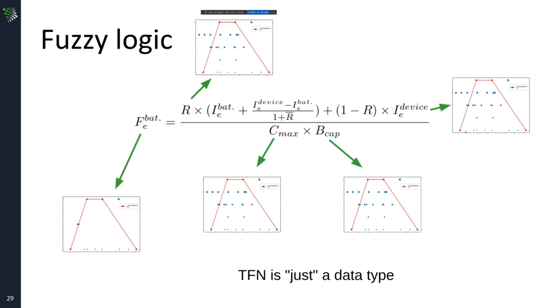And this allows us to propagate uncertainty across the equations. And the resulting value is also a trapezoidal fuzzy number. So this gives us a result which also encompasses the uncertainty of the sources.